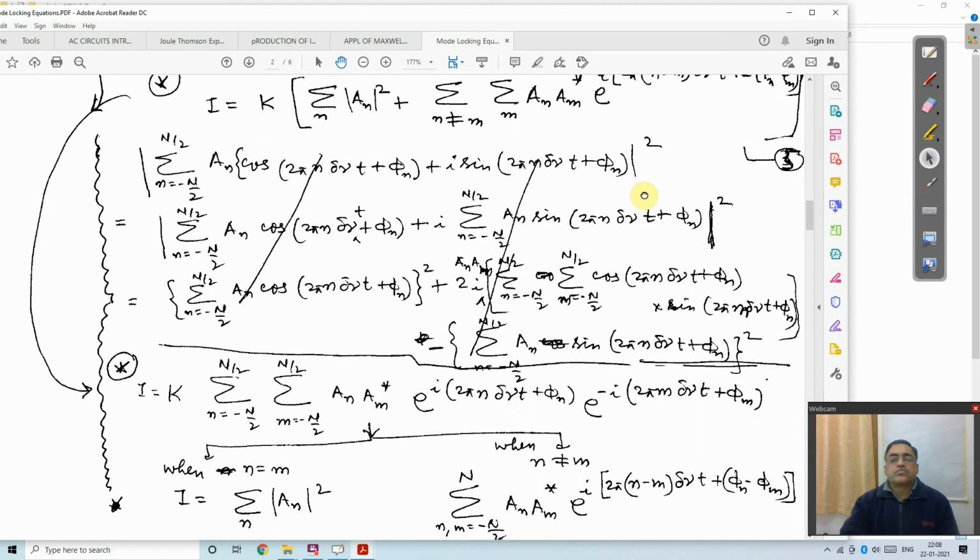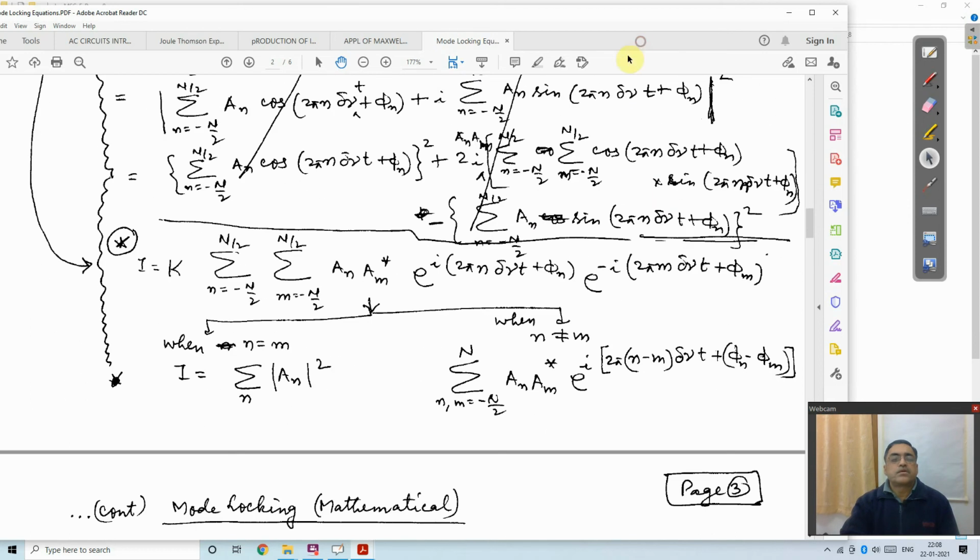Now the justification I can write here. When n equals m, we are doing the summation over n and m, once for this and then for this.